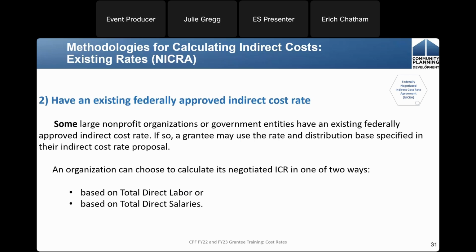An organization can choose to calculate its negotiated indirect cost rate in one of 2 ways: based on total direct labor or based on total direct salaries. Again, this is for those of you that already have an indirect rate approved. You've got 2 ways of calculating, and I'm going to show you how those break down: total direct labor or total direct salaries.